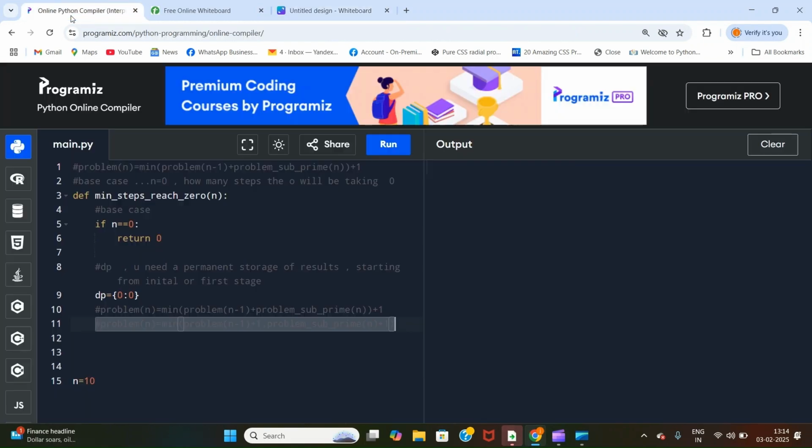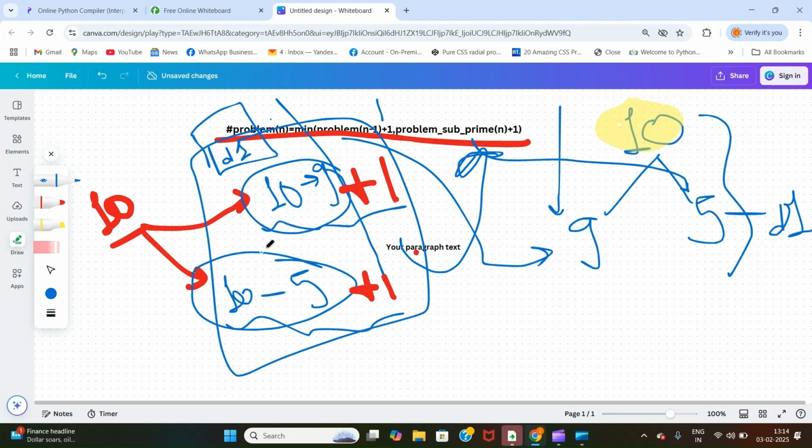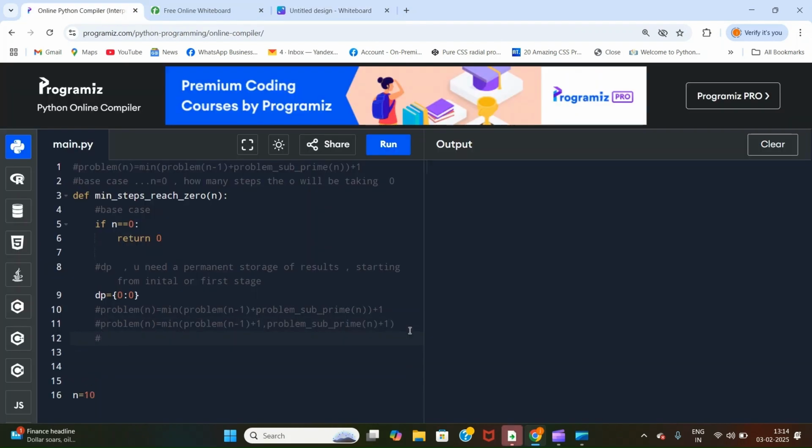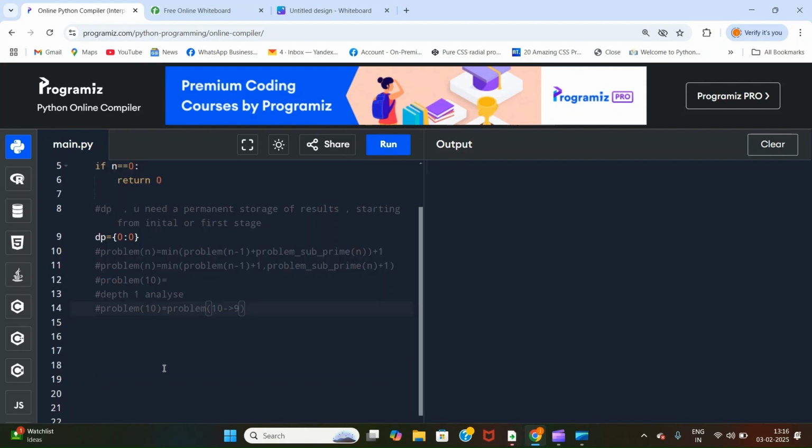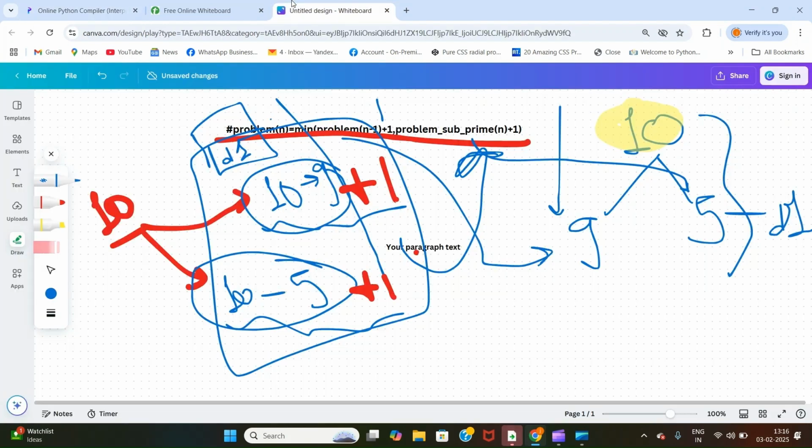Okay, so now let's start with the coding. So हमने let's break down this formula again. A problem of 10 को सॉल्व करने के लिए हम क्या कर रहे थे? From the depth 1 analysis means this analysis. Depth 1 में हमने इतनी चीज़ें समझी. तो I have started from 10 to 9.